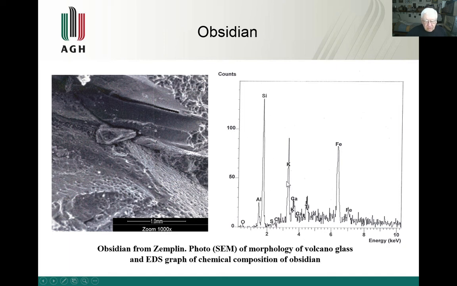And what we have: iron, traces of potassium, silica, of course. This is obsidian from Zemplin, near Winnicki. This is Zemplinskie Vrchy, on the border between Slovakia and Hungary.